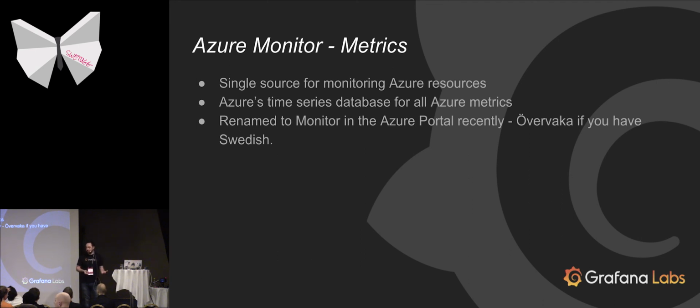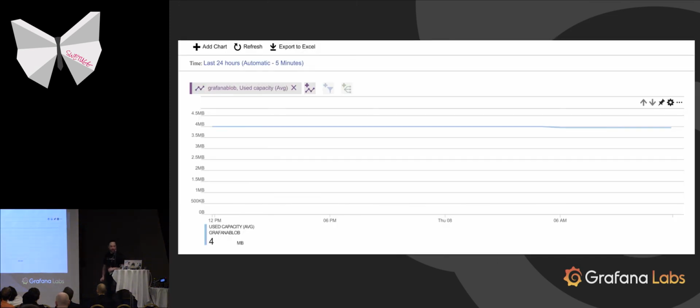You can see it in the portal if you click on Monitor. It's called Monitor now, not Azure Monitor anymore. It looks very basic in the portal, but it's hiding how much there is under it. Blob storage, any service you can think of, they all expose metrics which you can use to monitor them.